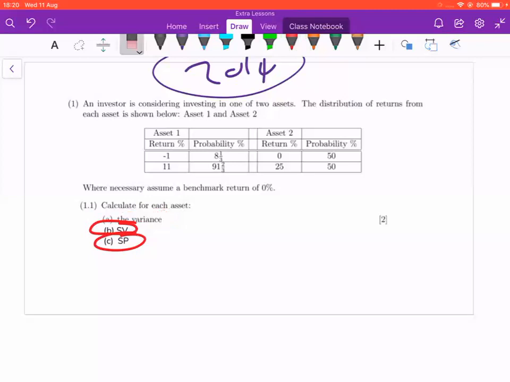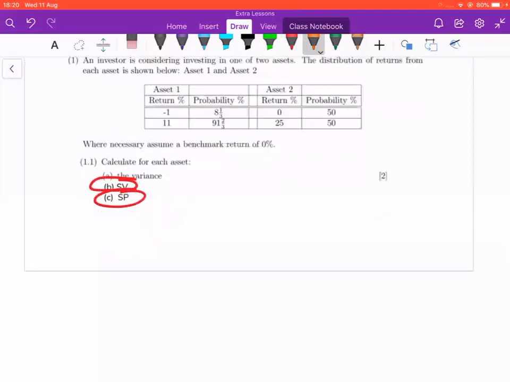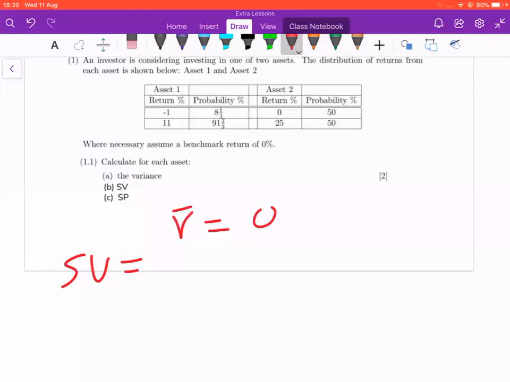I shouldn't find variance, right? So anyway, we can find even semi-variance. I think it's okay, fine. Semi-variance is going to be equal to, first of all, we need to find the mean, right? So to find the mean return, say that you're going to have 0 with 50% probability.